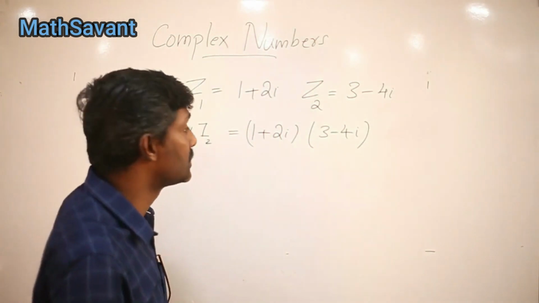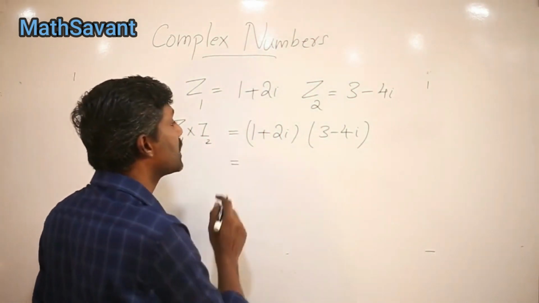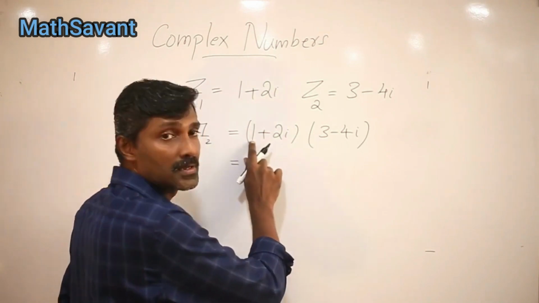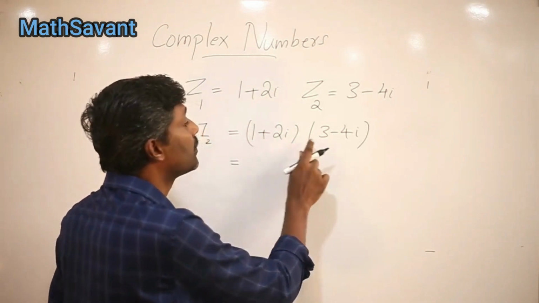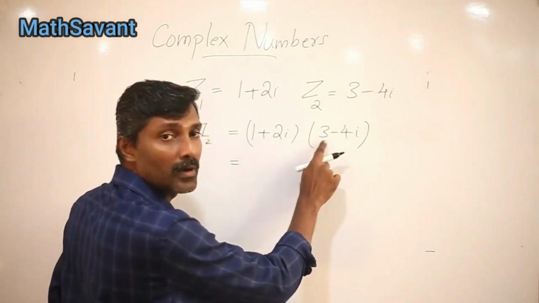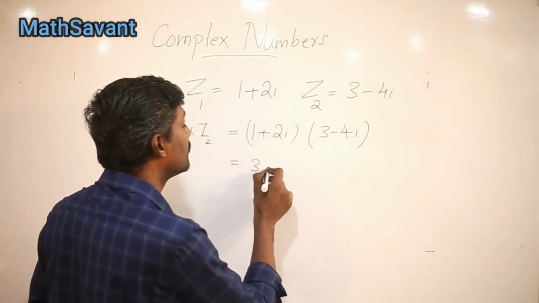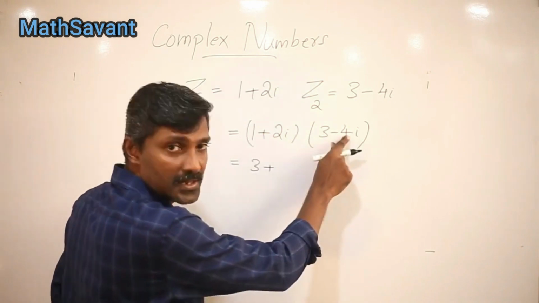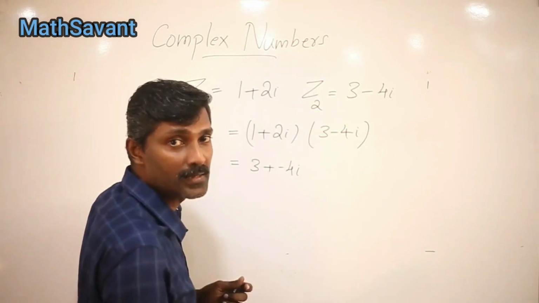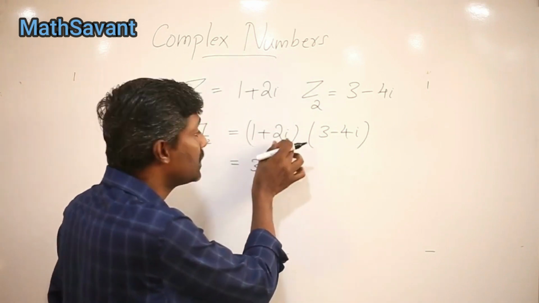Very simple, just like ordinary multiplication of two factors. Take the first element and multiply it by the second one. So it's basically 1 into 3 plus 1 into minus 4i, which is minus 4i, and then you take the second element of the first factor, which is 2i, right?